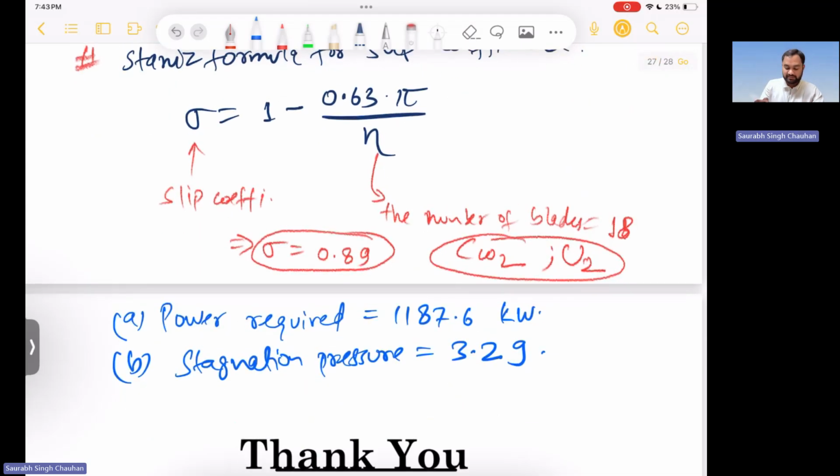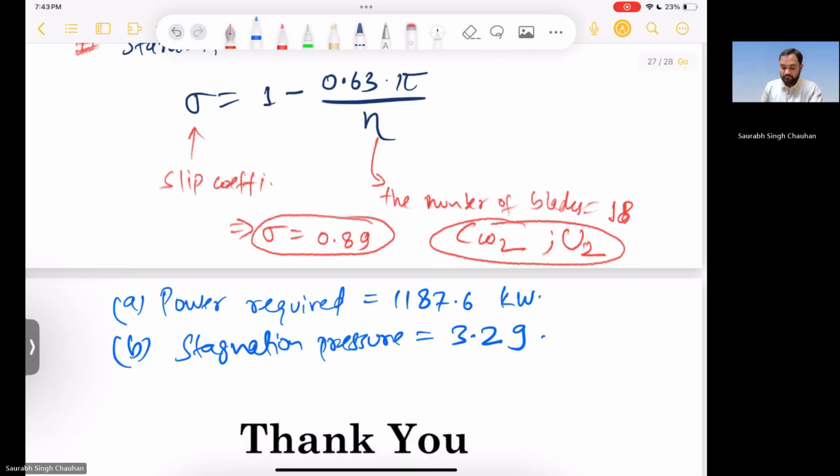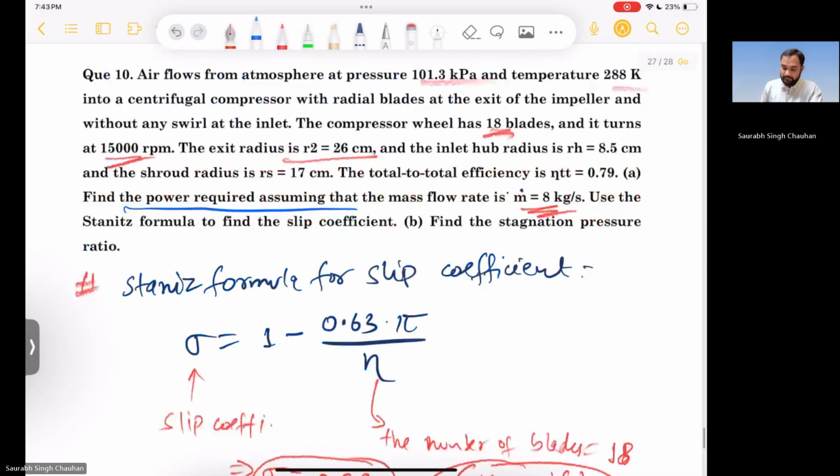So how do we define the stagnation pressure? Basically we define the stagnation temperature. Stagnation temperature means if we bring the fluid to rest isentropically, then that temperature will be called the stagnation temperature. And this efficiency is also given, so you can use it.